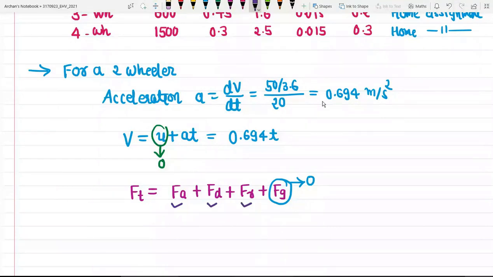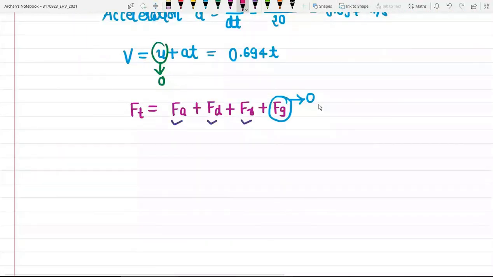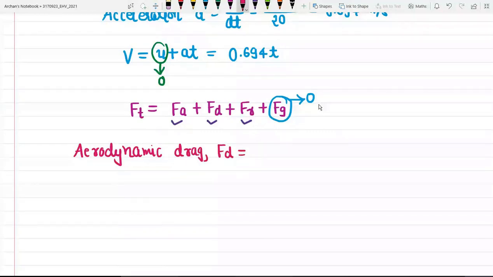Let us start with the aerodynamic drag. We know the equation of aerodynamic drag very well. Aerodynamic drag, let us say FD, is given by half rho CD A times V square, where rho is air density and it is equal to 1.2 kg per meter cube.